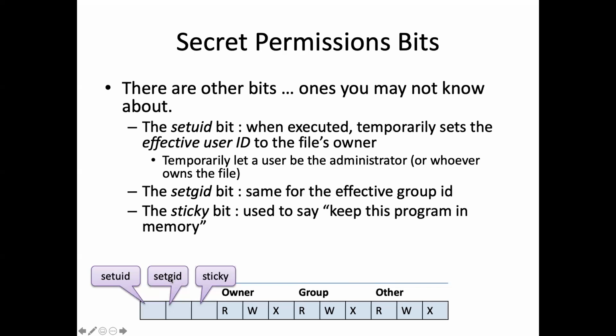Same thing with setgid. If you run another program and its setgid bit is non-zero, if it's 1, then while you're running that other program, you get to execute as if you're a member of that group.